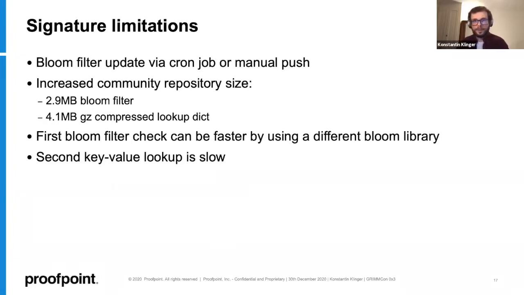I have also increased the community repository size by about 7 megabytes, because the dictionary is 4 megabytes and the Bloom filter is about 3 megabytes. We have chosen the slower Bloom filter library, which could be better. We have chosen the slow second lookup, which could be better. So all in all, the results were really good already, but there is room for improvement.